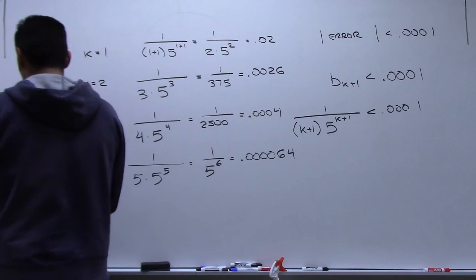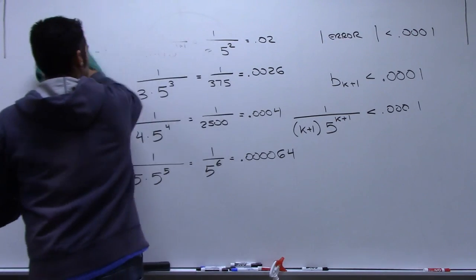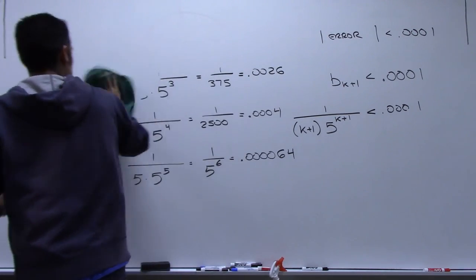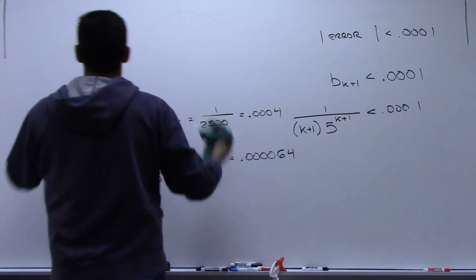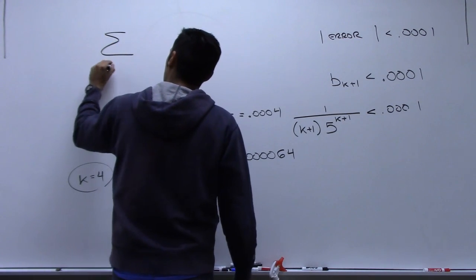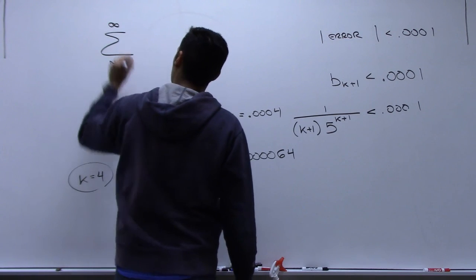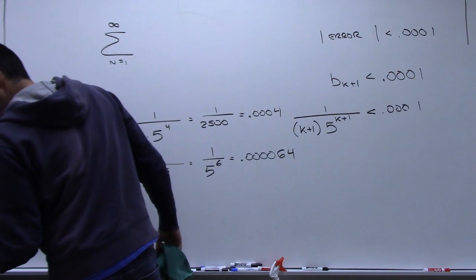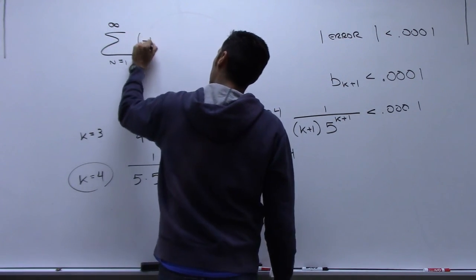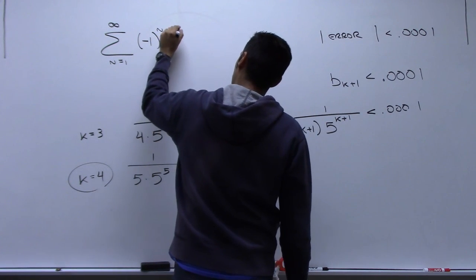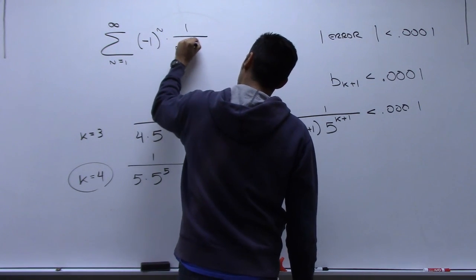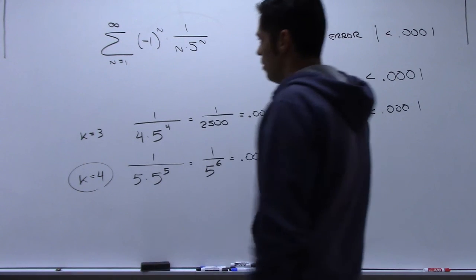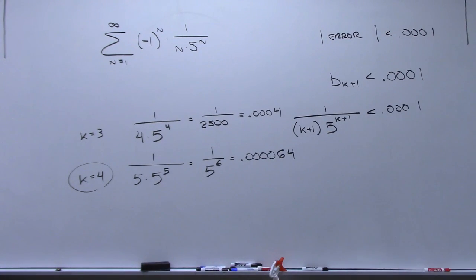Now, again, let me reiterate what this is that we're doing, because I think this can be a little confusing for a student. We have this alternating series, -1 to the n times 1 over n times 5 to the n. We know it converges, so we know that that adds up to a number.